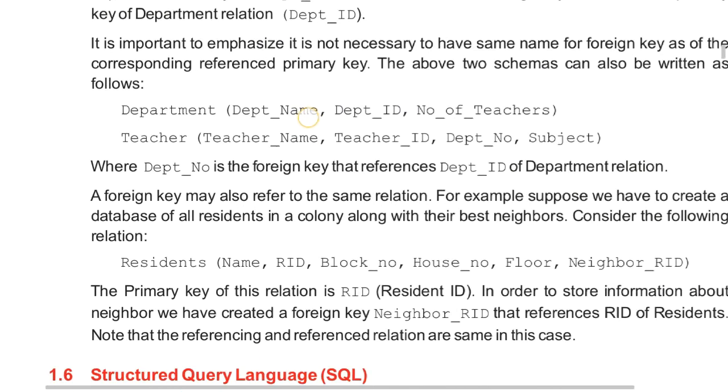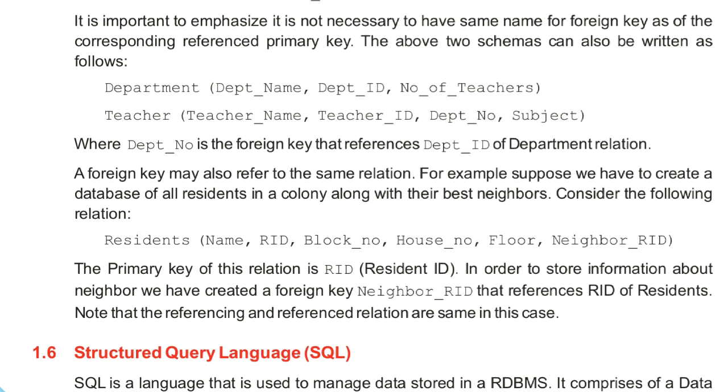After that comes the concept of foreign key. A foreign key may also refer to the same relation. For example, suppose we have to create a database of all residents in a colony along with their best neighbors. Consider the following relation of residents.